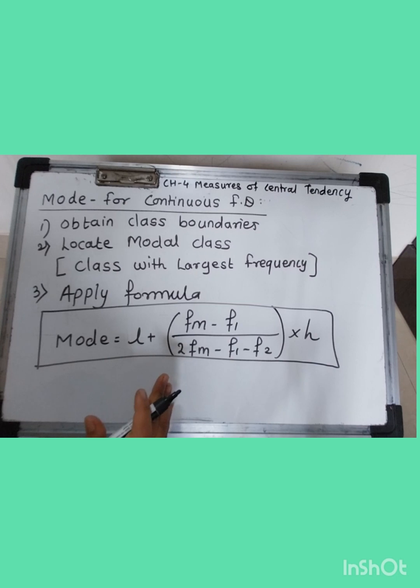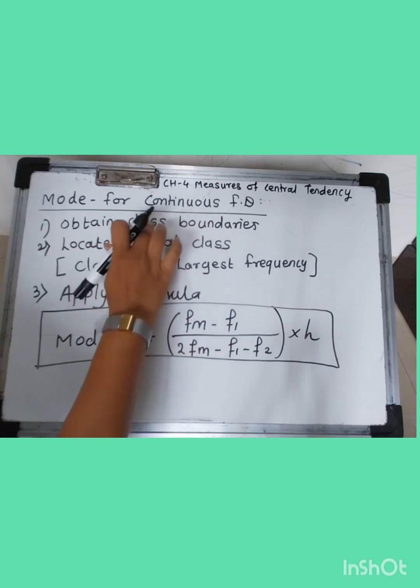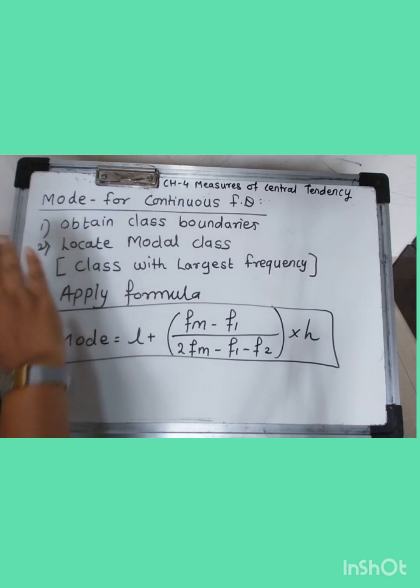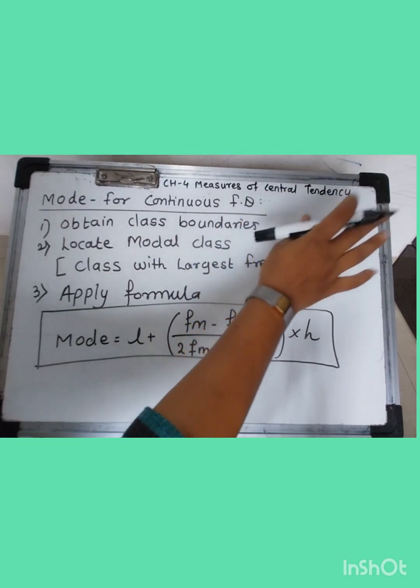We already know how the classes are: continuous or discontinuous, exclusive or inclusive. If the classes are discontinuous, with a difference of 1, then we find the class boundaries. Similarly, in median we saw that if the difference is 1, then we find the class boundaries. If the classes are continuous, there is no need to find the class boundaries.